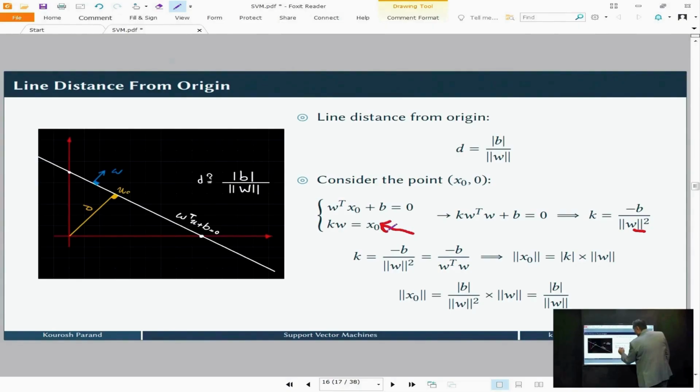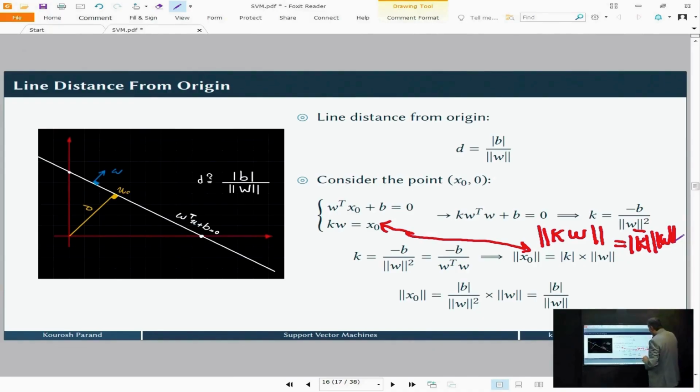From here, if we take the norm on both sides, the norm of x0 equals the norm of k times W. Now we know k is a scalar, so it can come out of the norm as its absolute value. That means this is the absolute value of k times the norm of W. So the norm of x0, the magnitude of x0, which is what we're looking for, is equal to the absolute value of k times the norm of W. What is k?